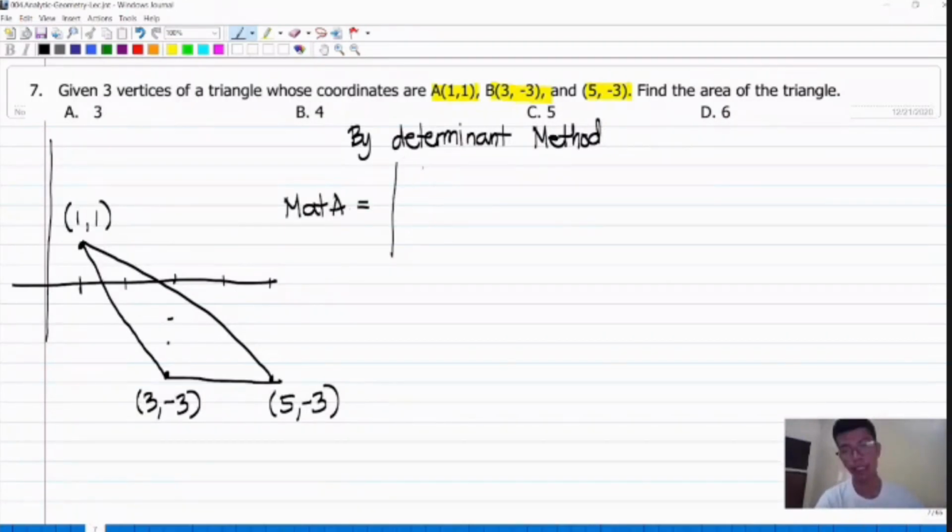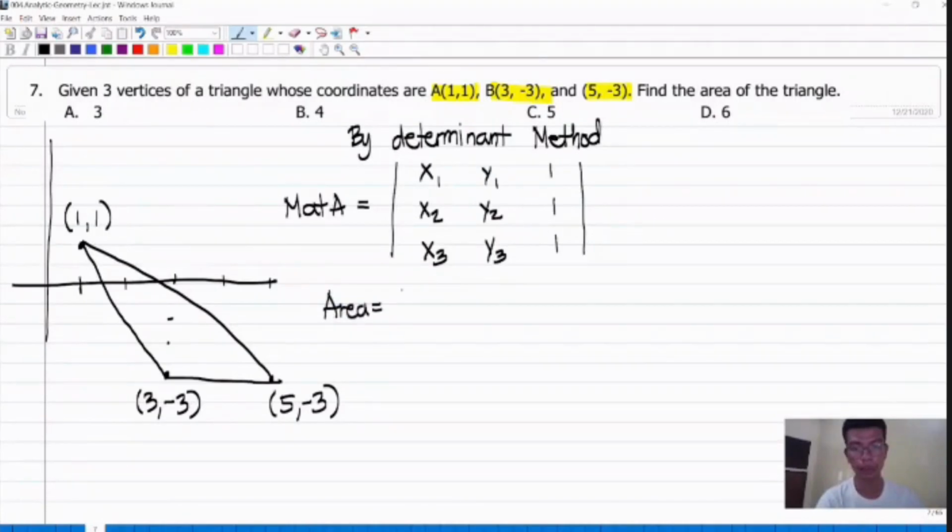The matrix A must be 3 by 3: the first row is x sub 1, y sub 1, and 1; the second row is x sub 2, y sub 2, and 1; the third row is x sub 3, y sub 3, and 1. The area is 1/2 of the determinant of matrix A.